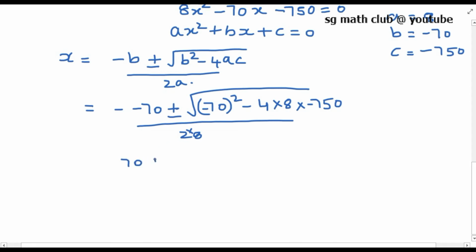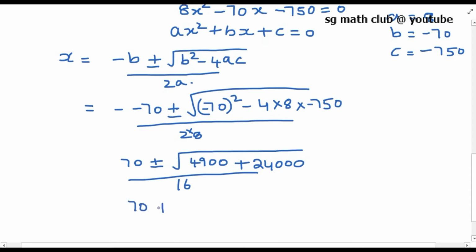So minus 70 the whole square is 4900, minus into minus is plus, so when you multiply 750 into 4 you get 3000, 3000 into 8 is 24,000, and again divided by 16. So when you add 4900 and 24,000, you will get 28,900 divided by 16.